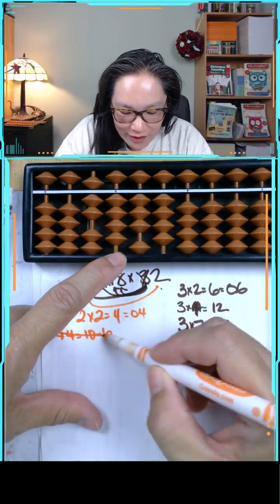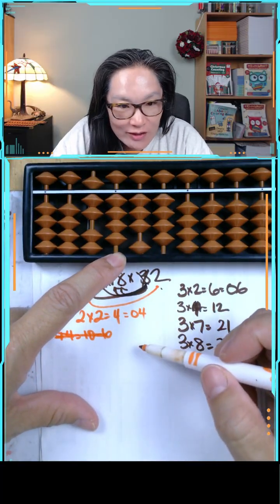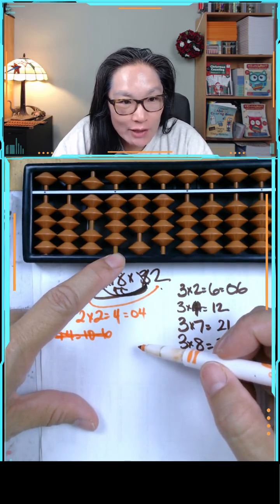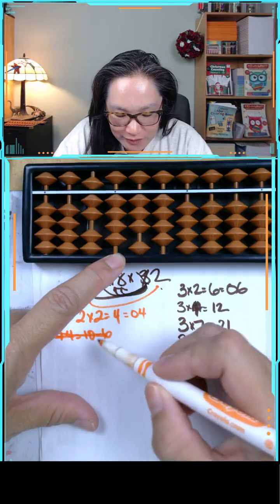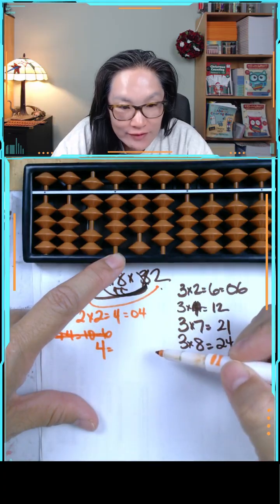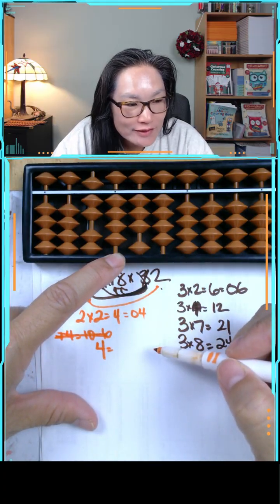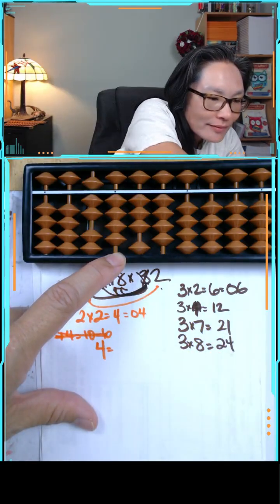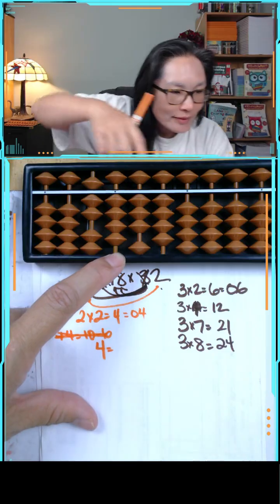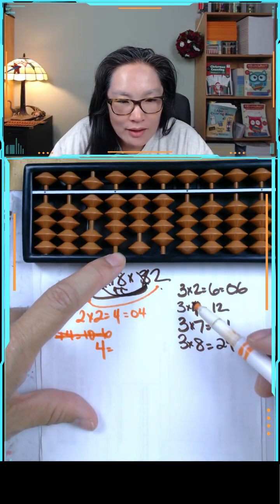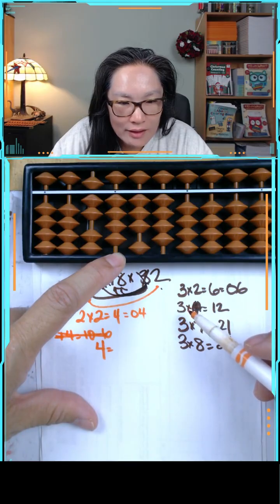How do we add the 4 here? I have to slow down. How do we add 4 to this column? I want to add the 4. Is there enough? No. What do I do? Thank you, Jen.